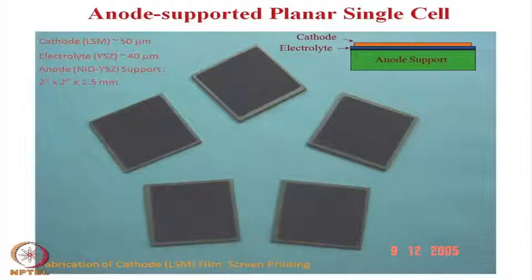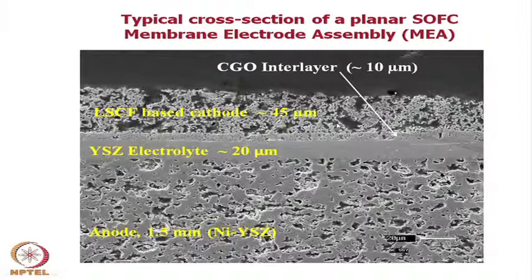So, this was prepared in CGCRI, and I had some pictures of that, which I have shown you earlier. This is the typical microstructure of the cross section, as we have discussed earlier, that the anode as well as the cathode is a porous structure, and in between you have a dense YSZ electrolyte.